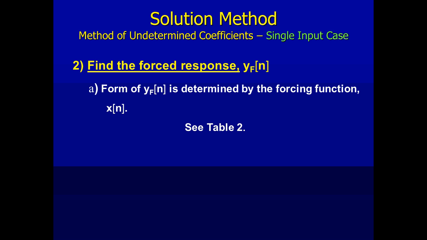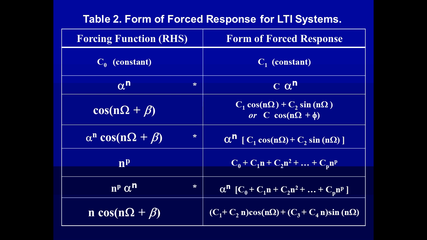It's a constant. Well, let's see what we do with a constant there. So on the table, we look up the forcing function on the left and the form of the forced response on the right. Now, I'll warn you, there are some asterisks up there we have to watch out for. Our forcing function happens to be a constant, and so it doesn't have an asterisk. We're all right.